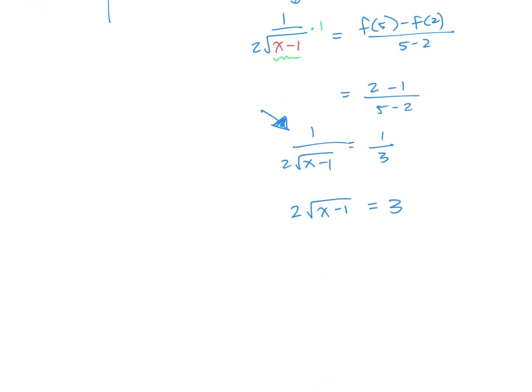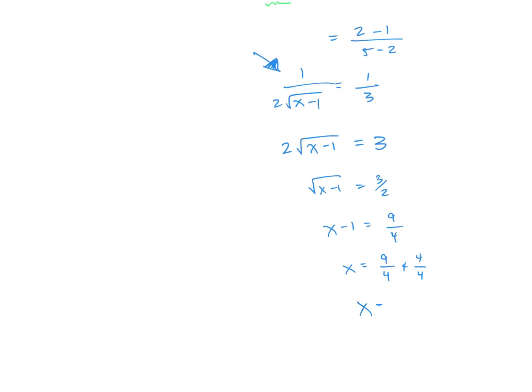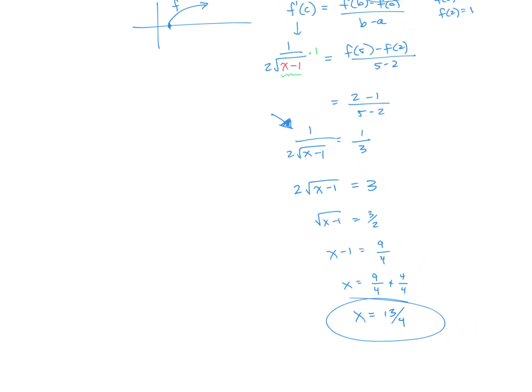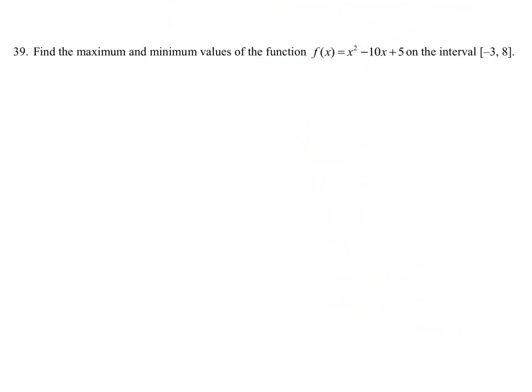And we'll solve this: divide by 2, square both sides, and then add 1. So 9/4 plus 4/4 is 13/4. All right, so that one actually had a little bit of algebra to it.